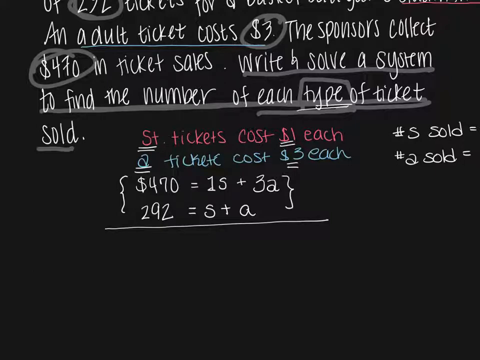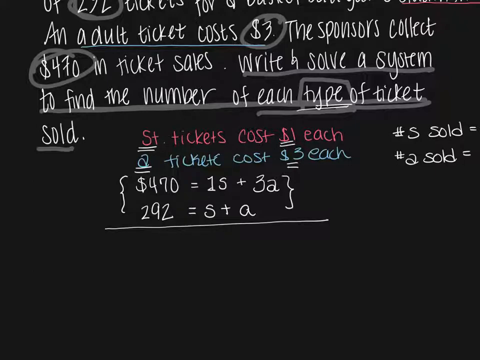All right. Let's look at multiplying this whole thing by -1. And if I do that, my equation changes. It becomes a negative a, a negative s, and a negative 292. At this point, I can add down, and I can get 3 minus 1 is 2a, and I get 0s, and I get that it equals, let's see here, 16 minus 9 is 7, 178.